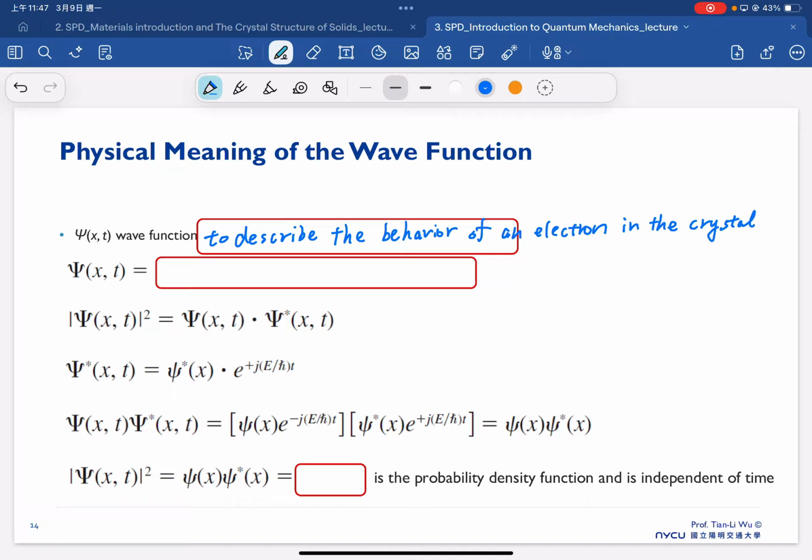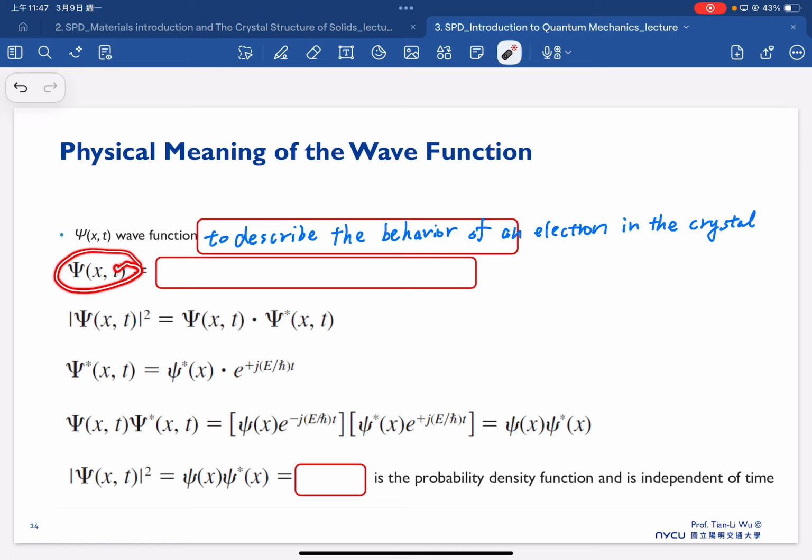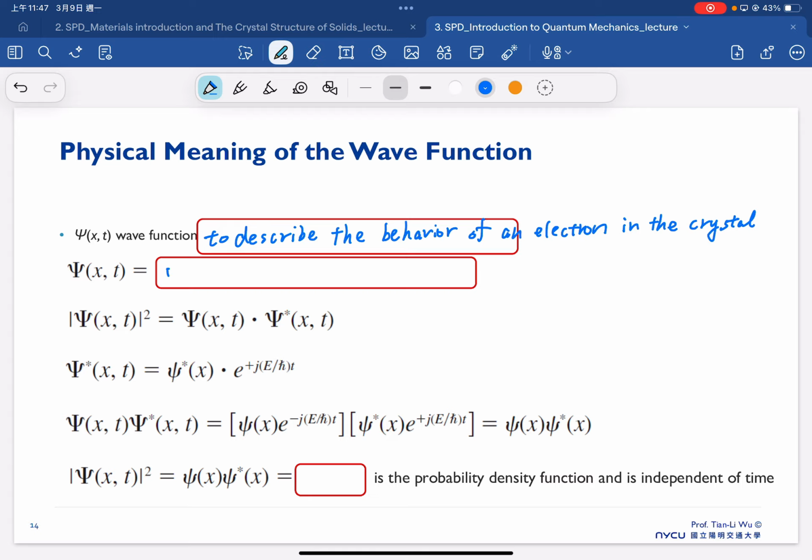And therefore, if we consider this phi(x,t), we apply the previous mathematical trick, which, if I remember correctly, is a method we learned from engineering mathematics called separation of variables.